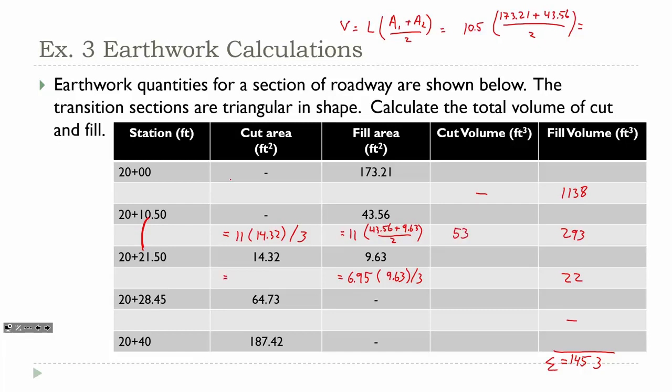So then we go back to the average end method. So our distance 6.95. 2.75.